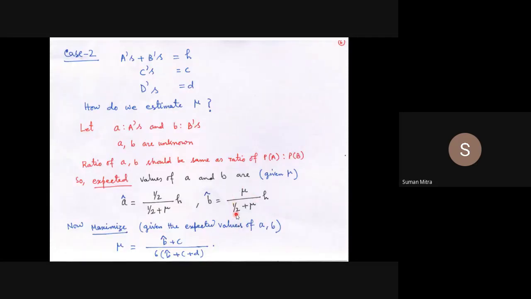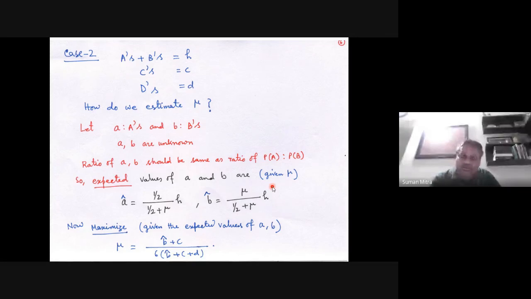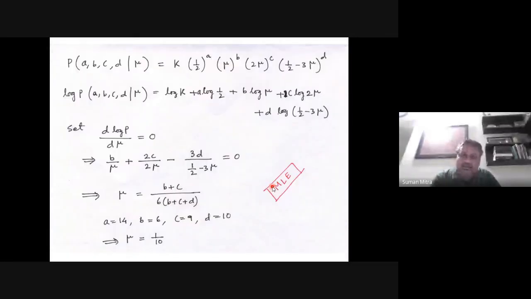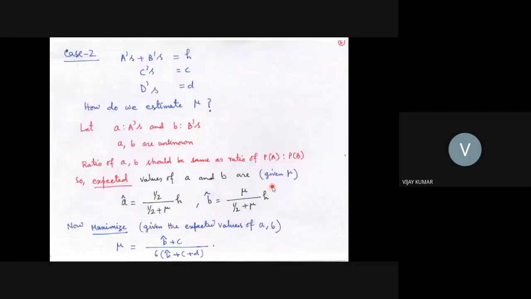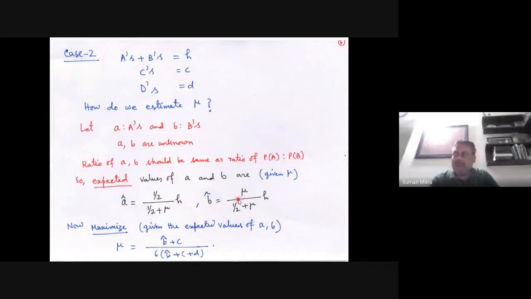B hat is 0.15 by 0.65 multiplied by 20, which I gave you. So you take that b hat and put it over here. You get a new mu. If that mu is very close to 0.15, then you stop.